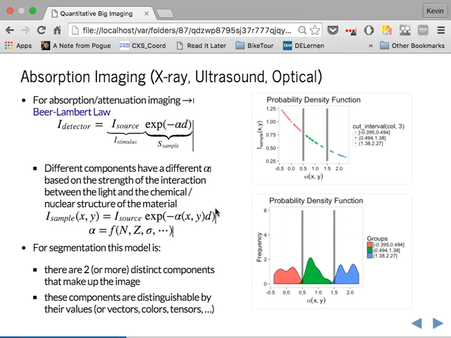Even though the alpha scale goes between 0 and 2, the range of intensity at the output is stretched out because of this exponential function. So one of the first things we need to do is correct for that, so that this linear scale here is also linear there, because if you have exponential scales and try to apply linear analysis to it, it doesn't work very well. So we transform this plot into a probability density function of the alpha components themselves, which is linearly distributed and much easier to define hard cutoffs between.